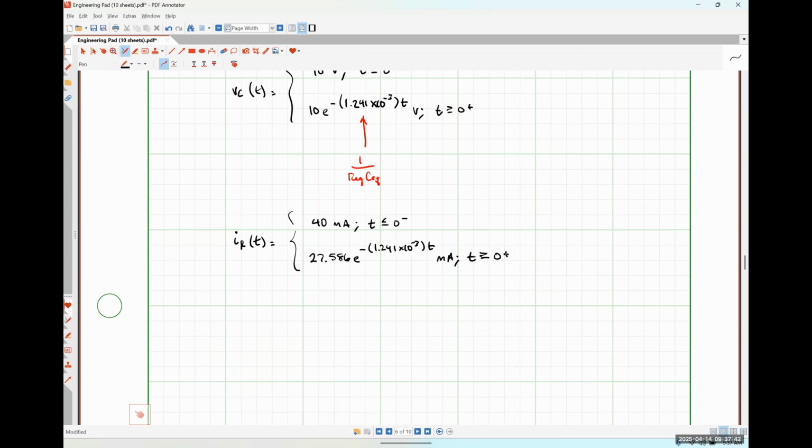That's what we were solving for previously, IR and IL.